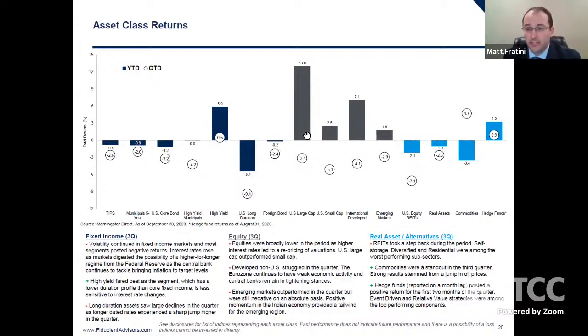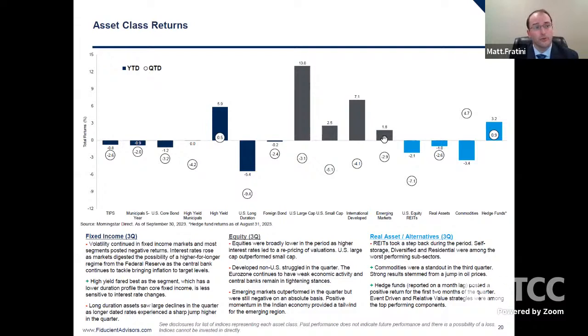You can see up 13% for the year-to-date basis, really driven by those large cap technology names, followed by small cap being up 2.5%, international developed up 7.1%, and you can see the trailing index with emerging markets being up 1.8%. China's really been a headwind and a consistent headwind throughout the calendar year for the emerging markets, as the reopening play has really not developed as a lot of investors thought it would.